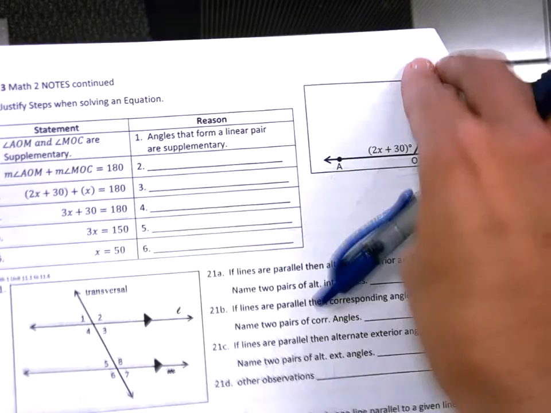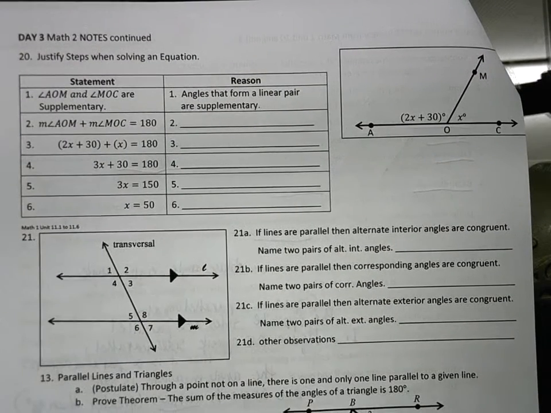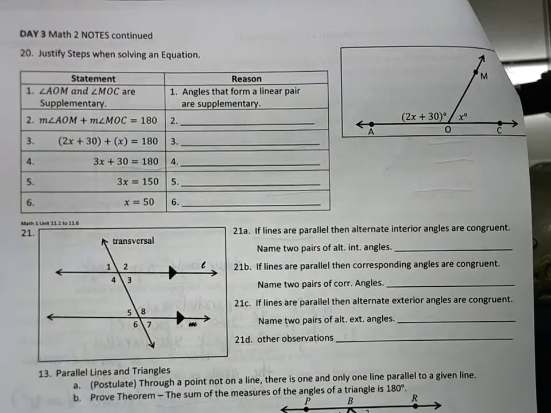Now for the fun stuff. Okay, if you look on the left side there, those are all the statements. They have basically done all the work for you on the left.